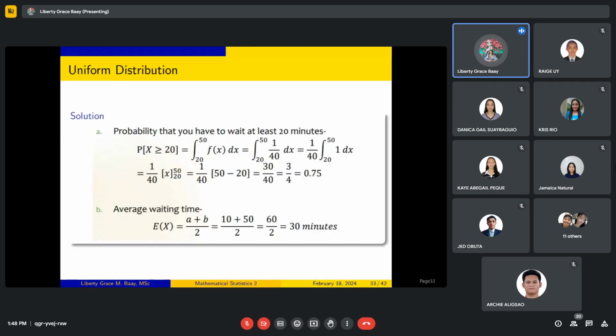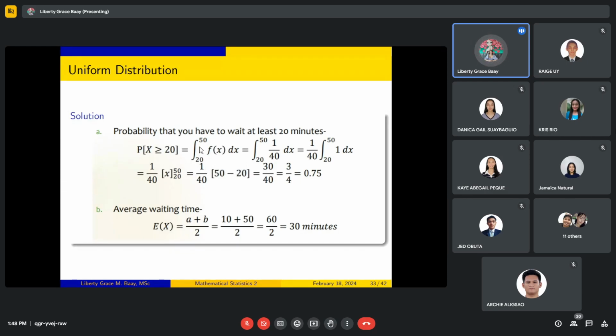Okay. So next, the first question is we are going to find the probability that you have to wait for at least 20 minutes. Okay, so the notation for that one is the probability of x is greater than or equal to 20.